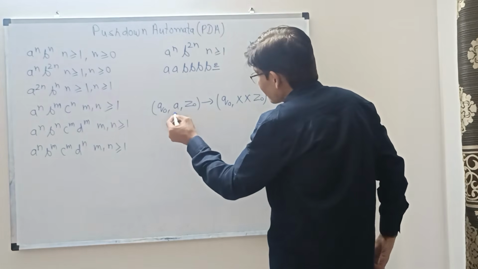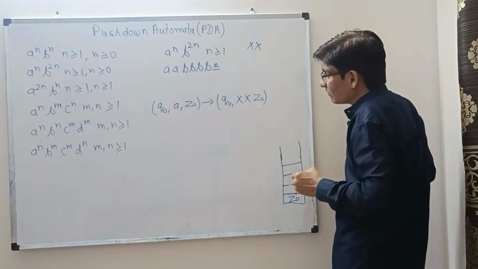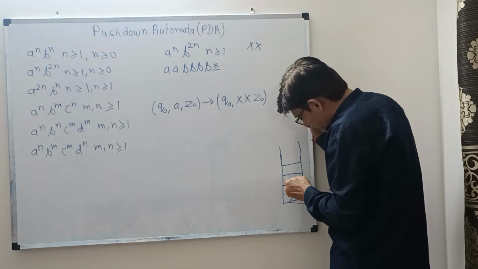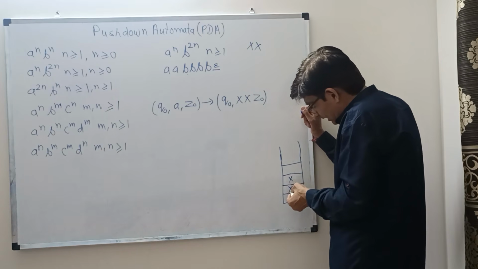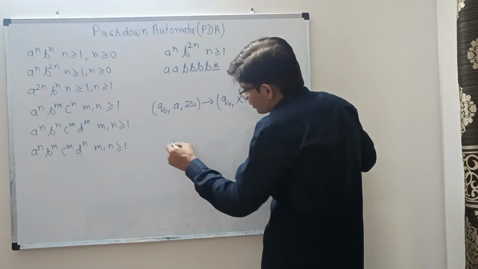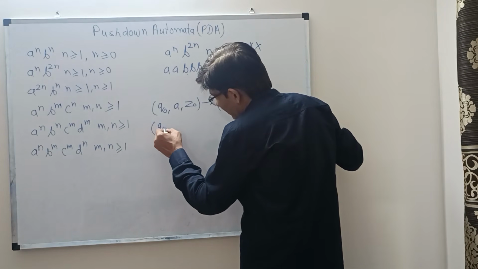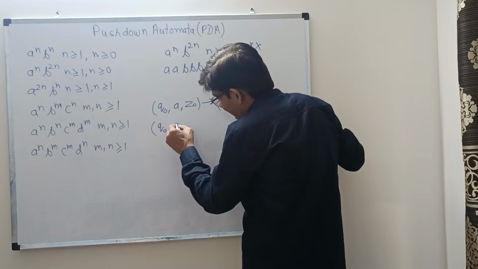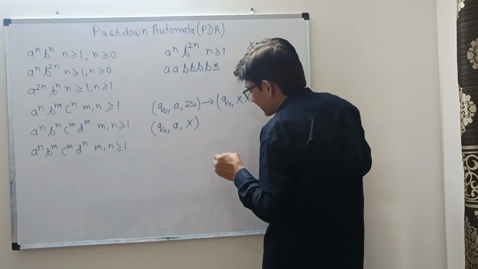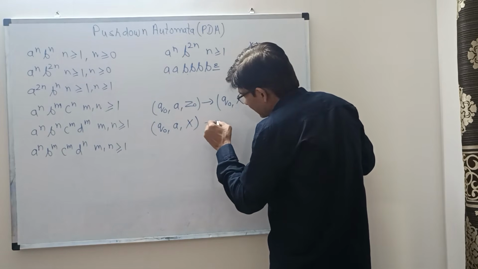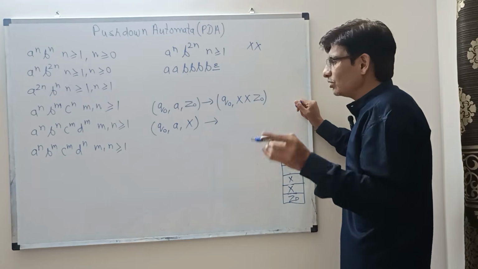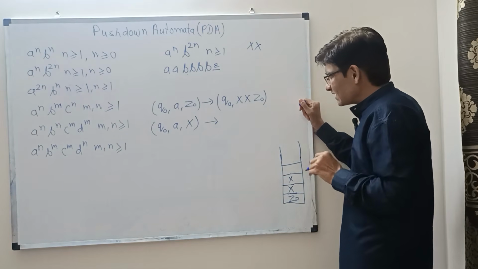Now, when we are reading the second A, at that moment you will see x on the top of the stack. So you are in Q0, reading A again, but this time x is on the stack top. Again, as per our logic, wherever you read A, you need to push 2x into the stack.